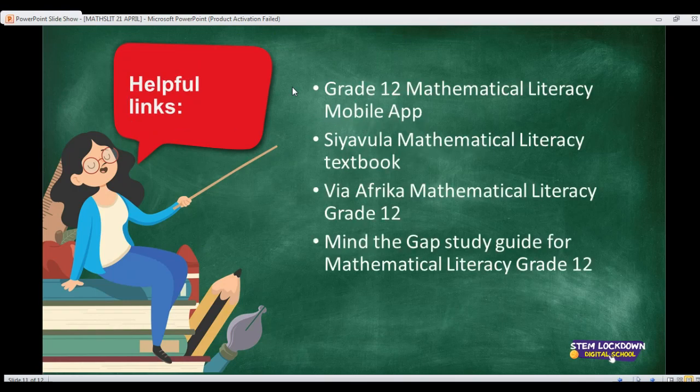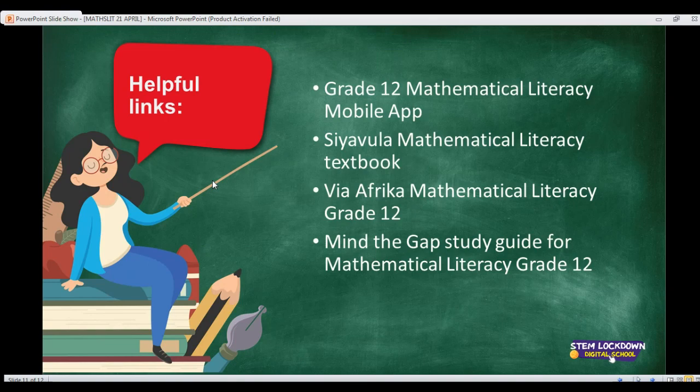These are the sources, the links I've used, and I found them very helpful in working with this, especially the Mind the Gap study guide. It is very helpful. With regards to the textbook, whatever textbook your school has prescribed for you, continue using that one. This one was the one at my disposal. But the Mind the Gap study guide, you'll find it online, as well as the Siyavula mathematical literacy textbook.